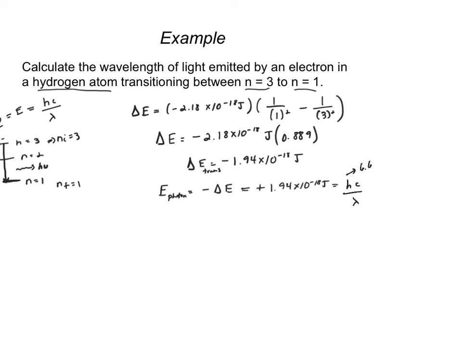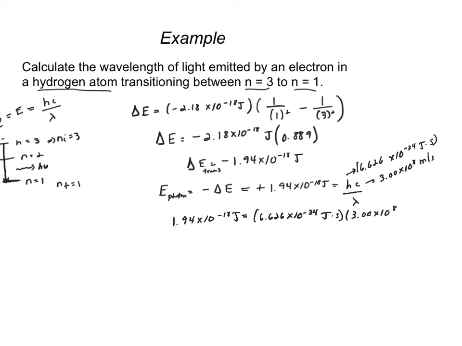This is 6.626 times 10 to the minus 34th joule seconds. And then c is the speed of light, 3 times 10 to the 8th meters per second. So we can go ahead and plug those guys in and solve for wavelength.